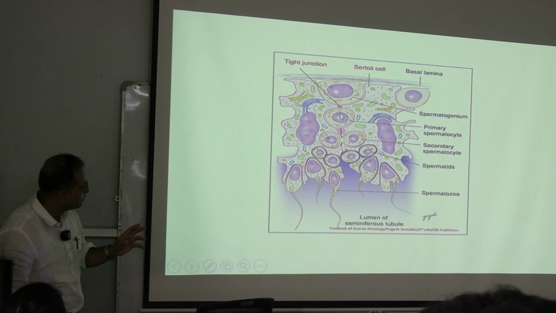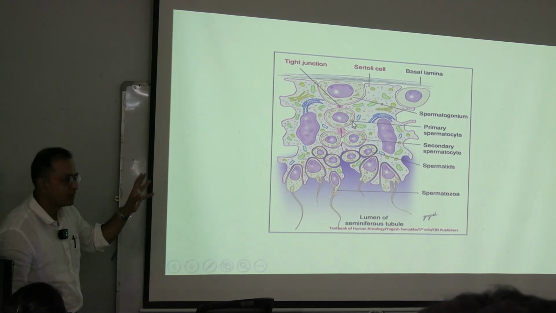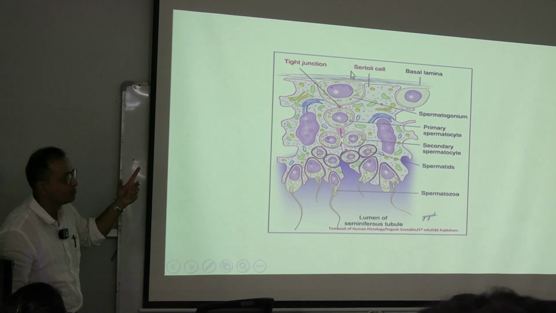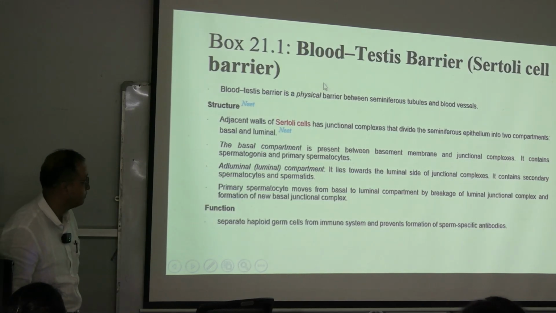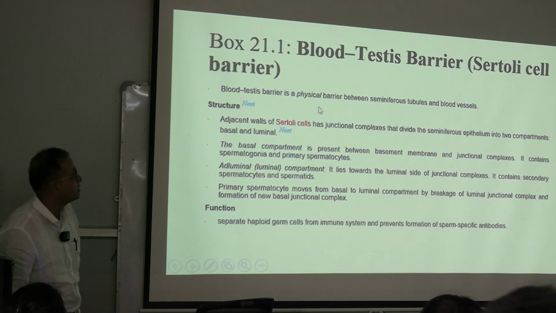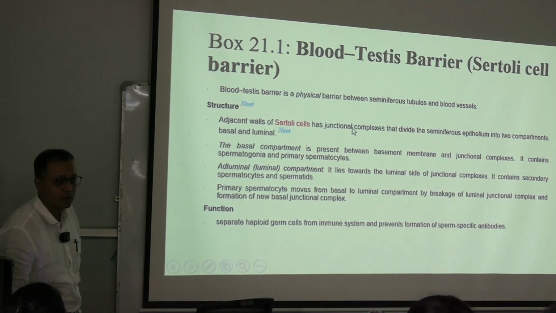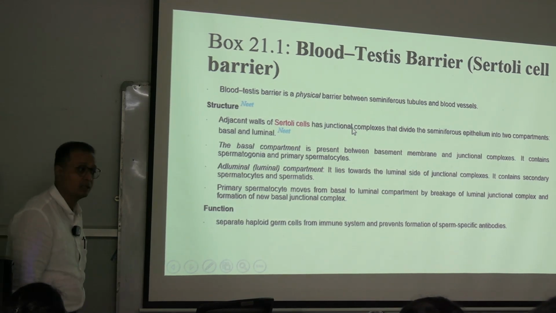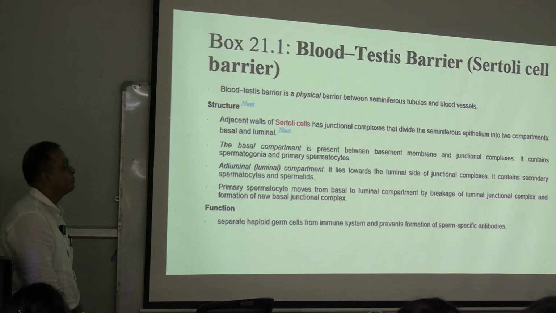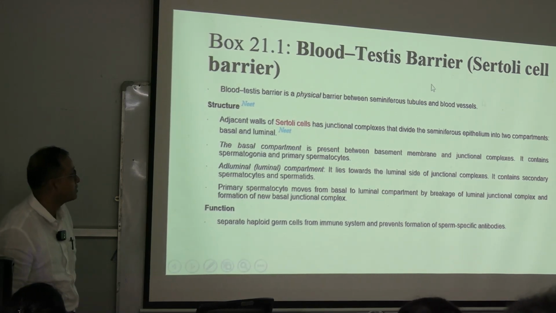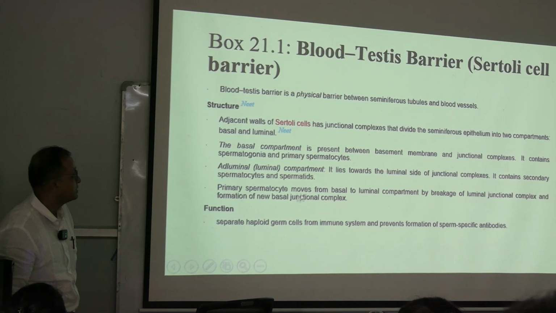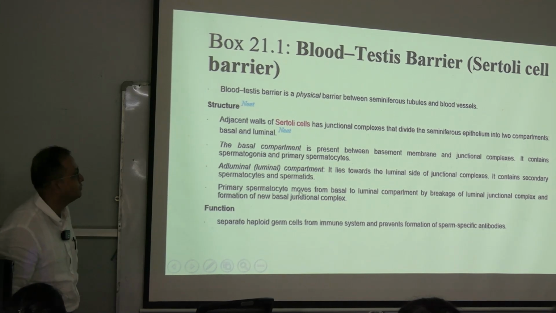They are architectured in a way that exchange of the sperms with the blood system is restricted. This restriction is present because of the Blood-Testis Barrier, which is a physical barrier. It's not a physiological thing. It is produced by the Sertoli cells and different parts of the Sertoli cells take part in forming it.